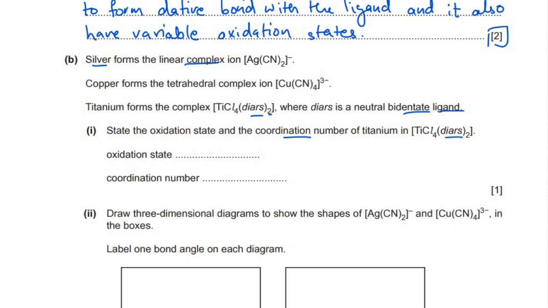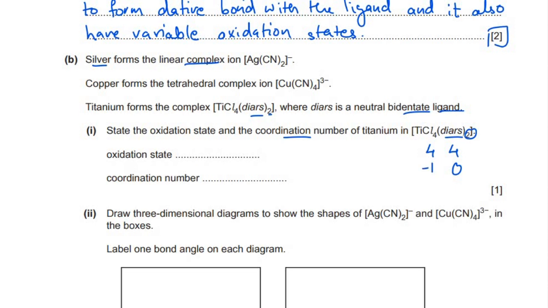Now if diaz is present twice, and each diaz is a bidentate ligand, that is it forms 2 coordinate bonds. So a total of 4 coordinate bonds are formed by the diaz, and 4 more from the chlorine. For the oxidation state of Ti, we can calculate that the charge of the diaz is 0, the charge of the chloride is -1.